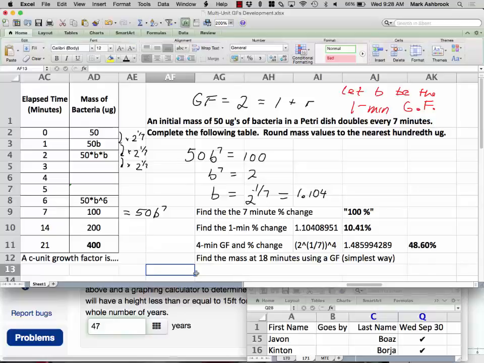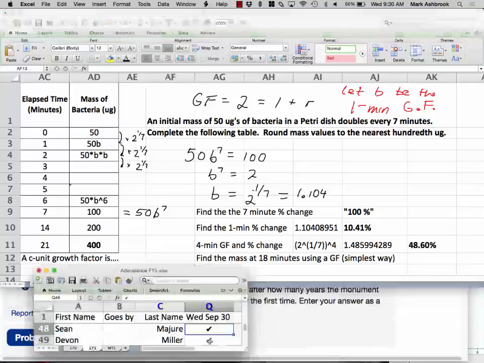Okay, so what would be the mass after 18 minutes? So let's see if we've picked up anything here. What's the very simplest way to get a value for the mass at 18 minutes, given the information that you have up there?